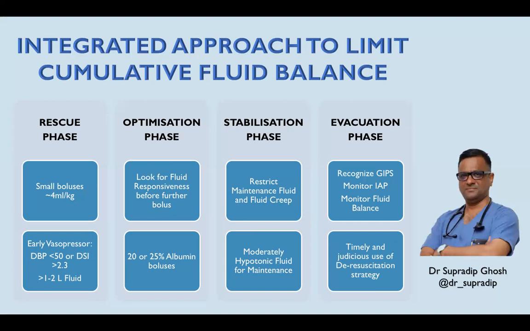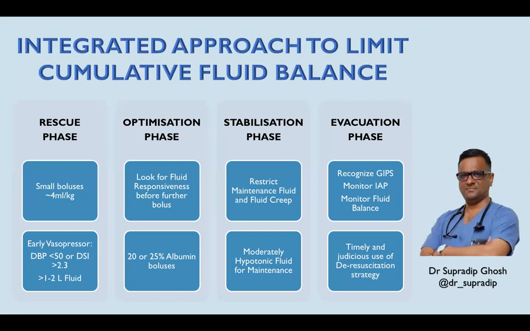If at all we need maintenance fluid, studies have shown that moderately hypotonic fluid should be used in adult patients to reduce total cumulative fluid balance or total sodium load in the patients. So moderately hypotonic fluid compared to an isotonic fluid as a maintenance fluid is preferred.